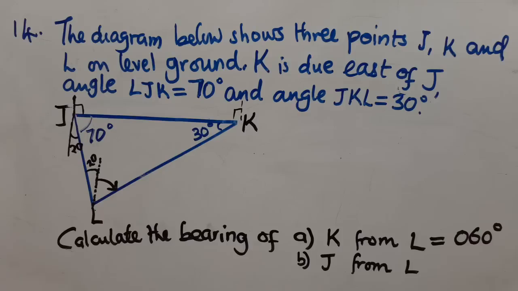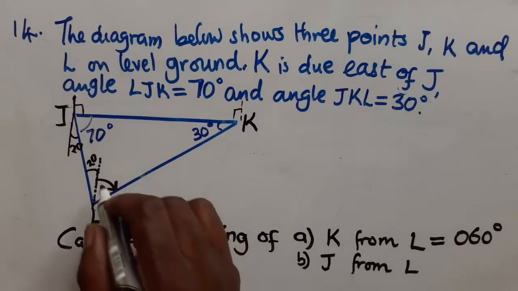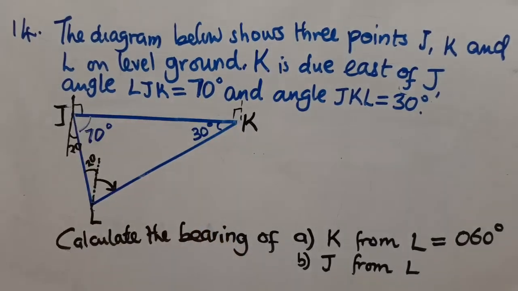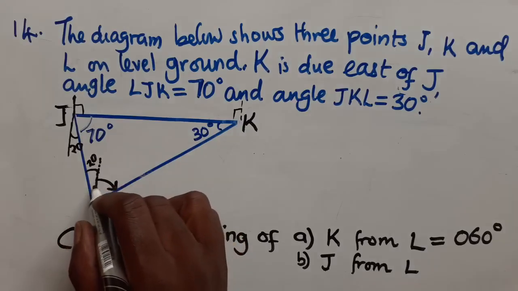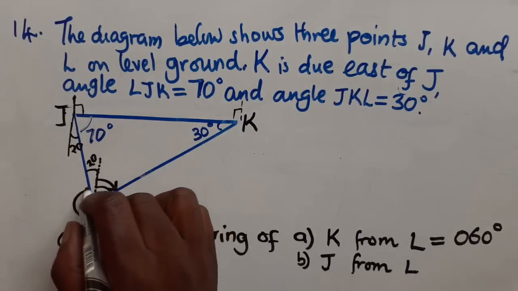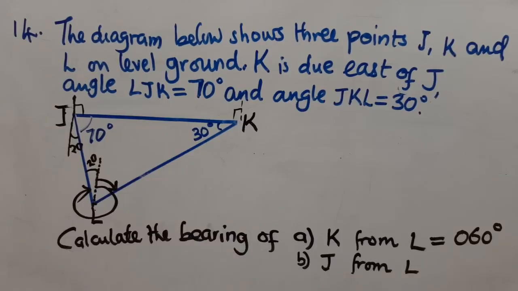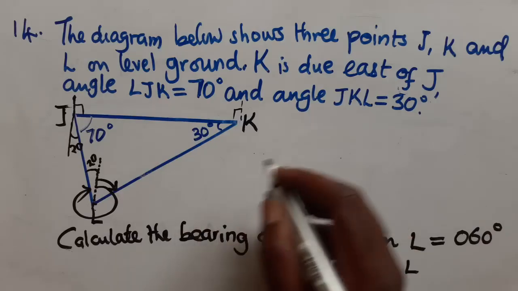Then the bearing of J from L. Where's J now? J from L. It's going to be this one. That's the bearing of J from L. So what are you seeing here?